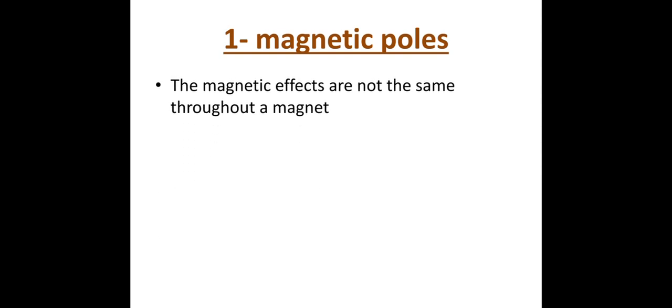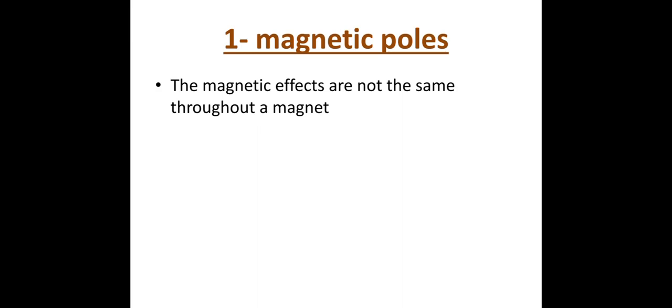When I put a magnet near iron material or anything made from iron, we can see that the magnet doesn't have the same effect at all parts of it. For example, the magnet picks up more iron at the ends of a magnet.